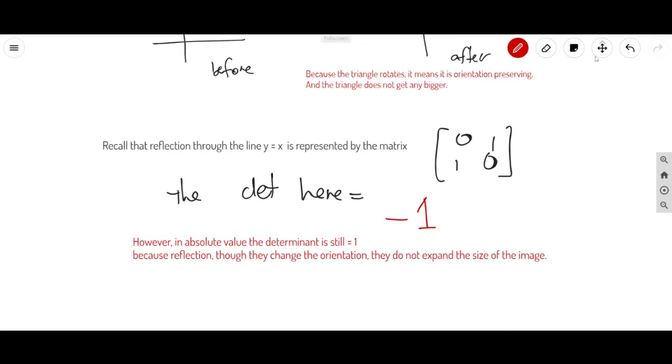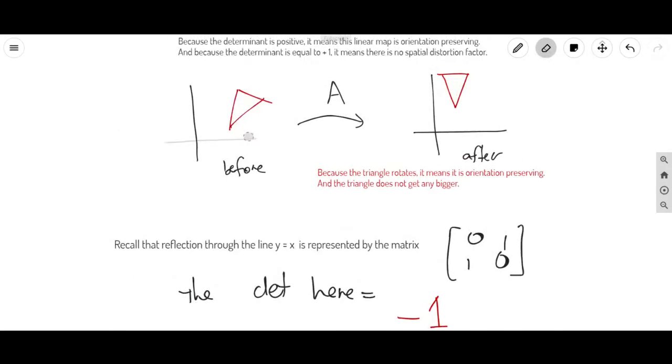If you take this triangle and reflect it through the line y equals x, what's going to happen? Things that were on the left become on the right, so things get flipped the other way around. But the size of the triangle does not change. It's just as big as it was before. So that's the reason why the absolute value of the determinant is 1.